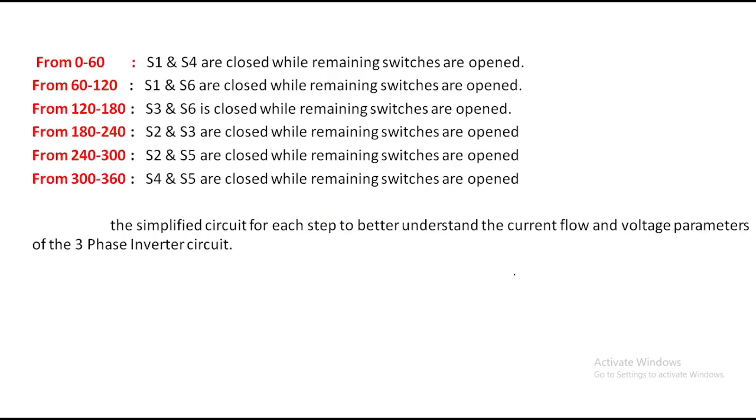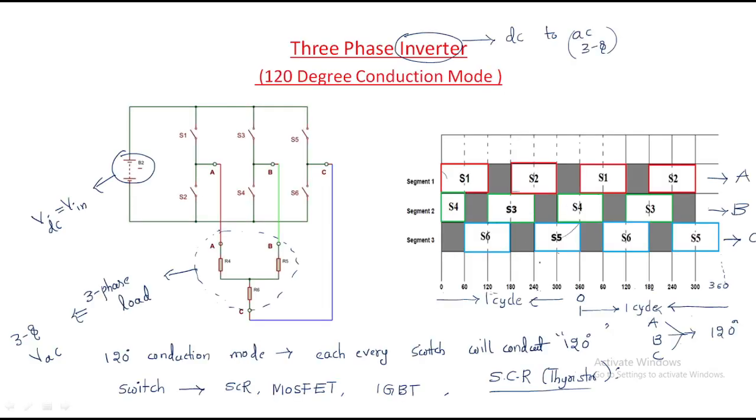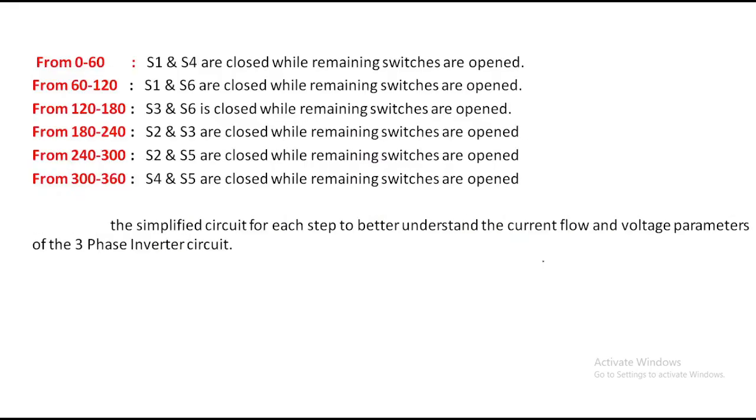So from these waveforms, for 0 to 60 degrees, from 60 to 120, 120 to 180, for all these segments, you have to note which switches are in closed mode and which switches are in open mode.